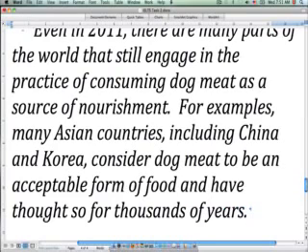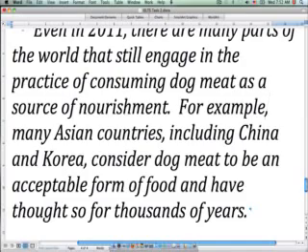Okay. Now, a little trick that I want to illustrate to you is the way that I have let this example unfold. So basically, I have made it clear this is going to be an example. For example, many Asian countries, including China and Korea, consider... now, you can see a couple of commas here, three commas right at the beginning of the sentence.